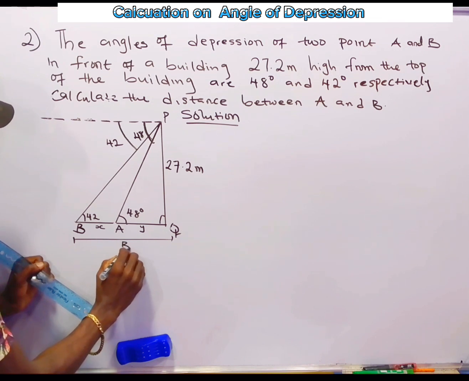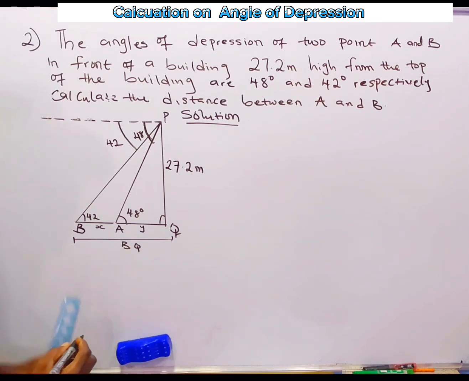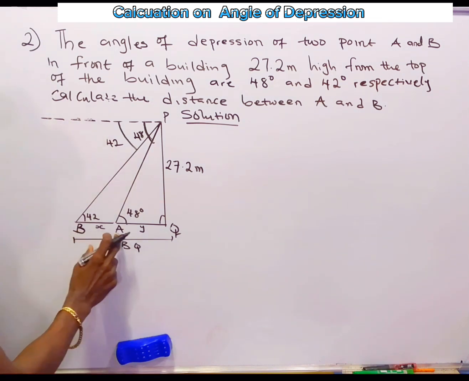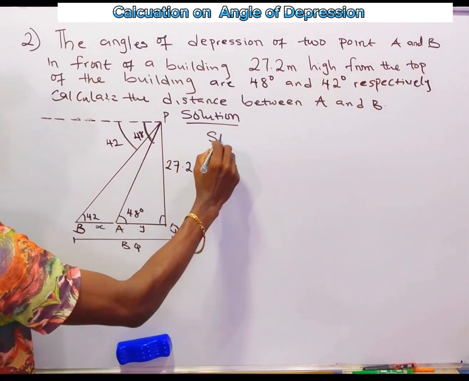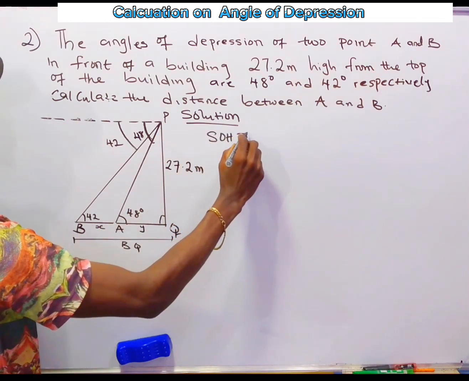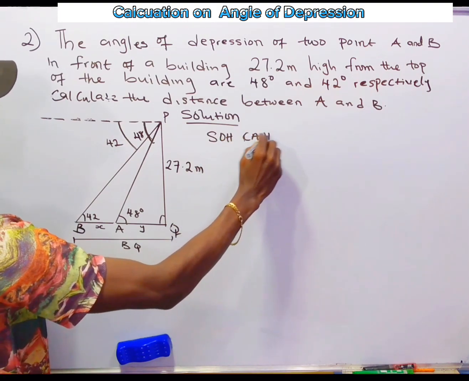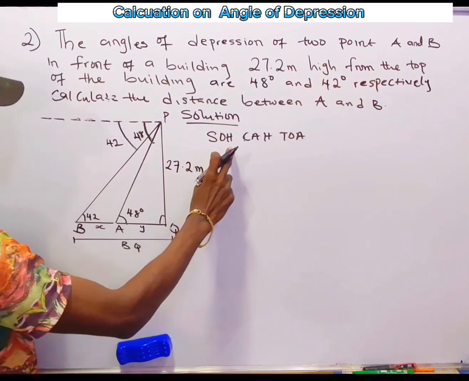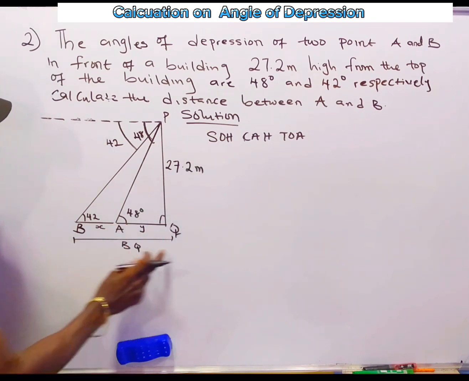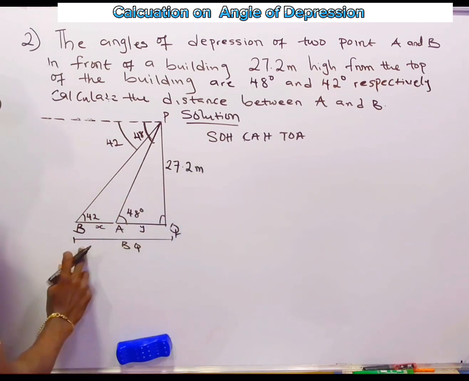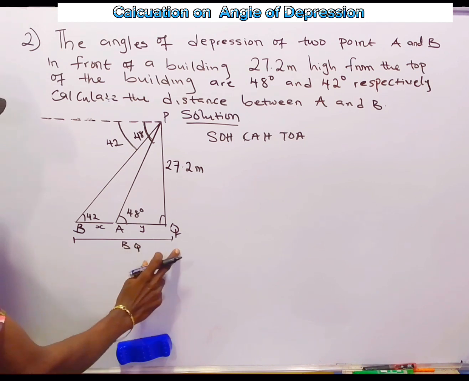Let's call it distance BQ. So to find the distance AB, we'll use SOHCAHTOA, which is the trig ratio. However, from here, let's get the total distance BQ.